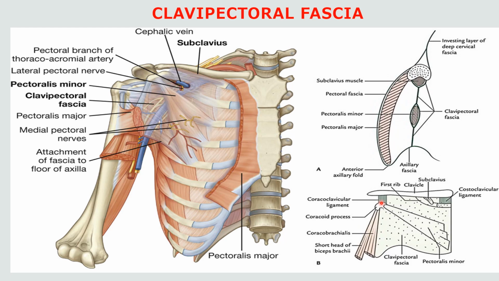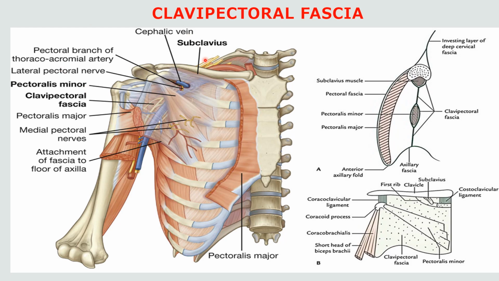Superiorly, the fascia splits to enclose the subclavius muscle and is attached to the lips of the subclavian groove. Then inferiorly the fascia splits to enclose the pectoralis minor, then reunites at the lower border of the muscle and extends downwards as the suspensory ligament of the axilla, which blends with the summit of the axillary fascia and maintains the hollow of the armpit.